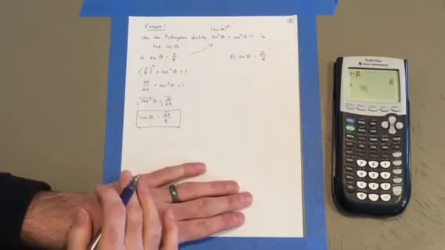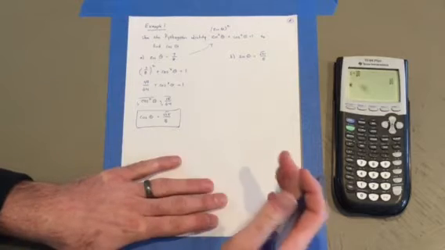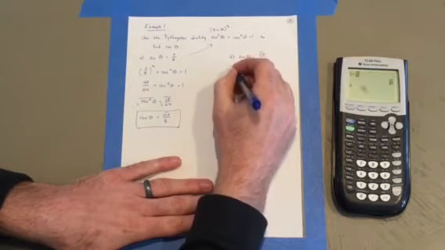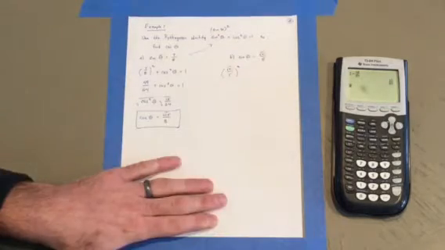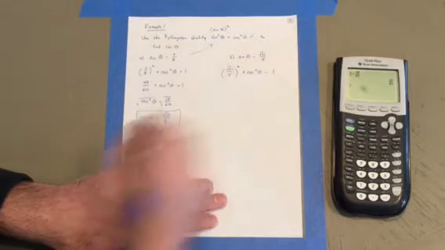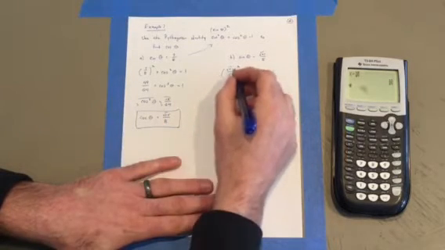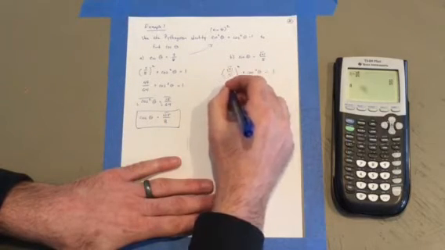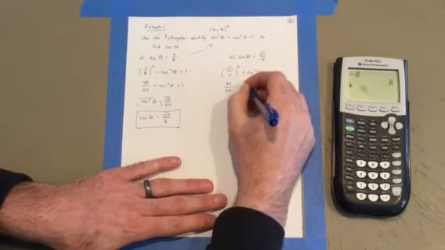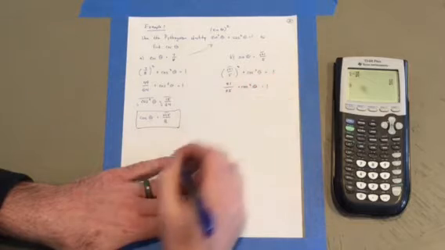Over here with our sine, same thing. Here's another example. I've got square root 21 over 5, squared, plus cosine squared theta equals 1. Square root 21 squared is 21, and 5 squared is 25.